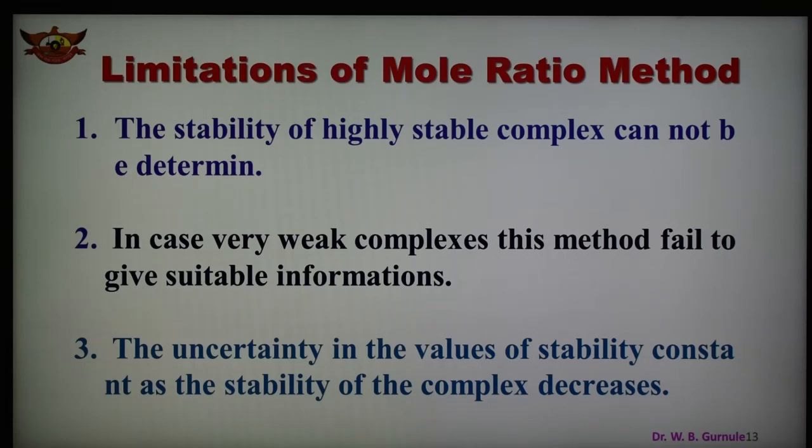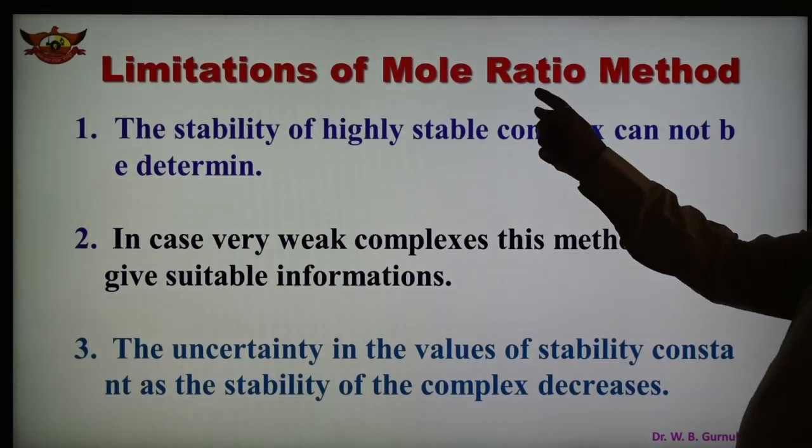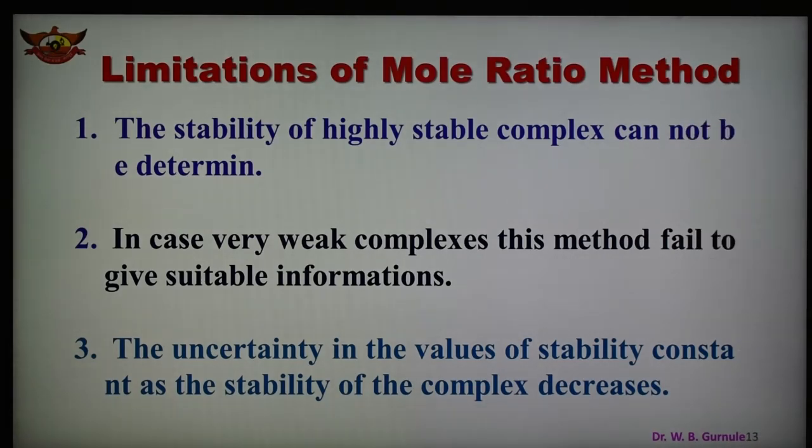Now there are certain limitations of the mole ratio method. The first limitation is that the stability of a highly stable complex cannot be determined. So when the complex is highly stable, it is difficult to determine the stability constant by using the mole ratio method.